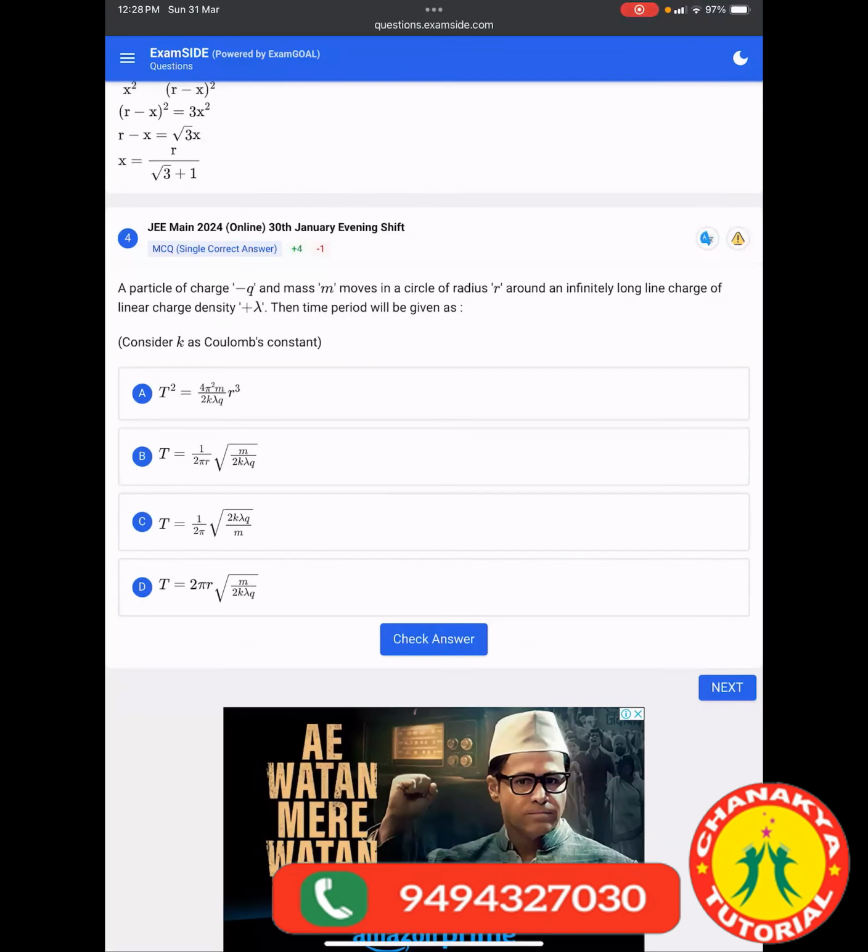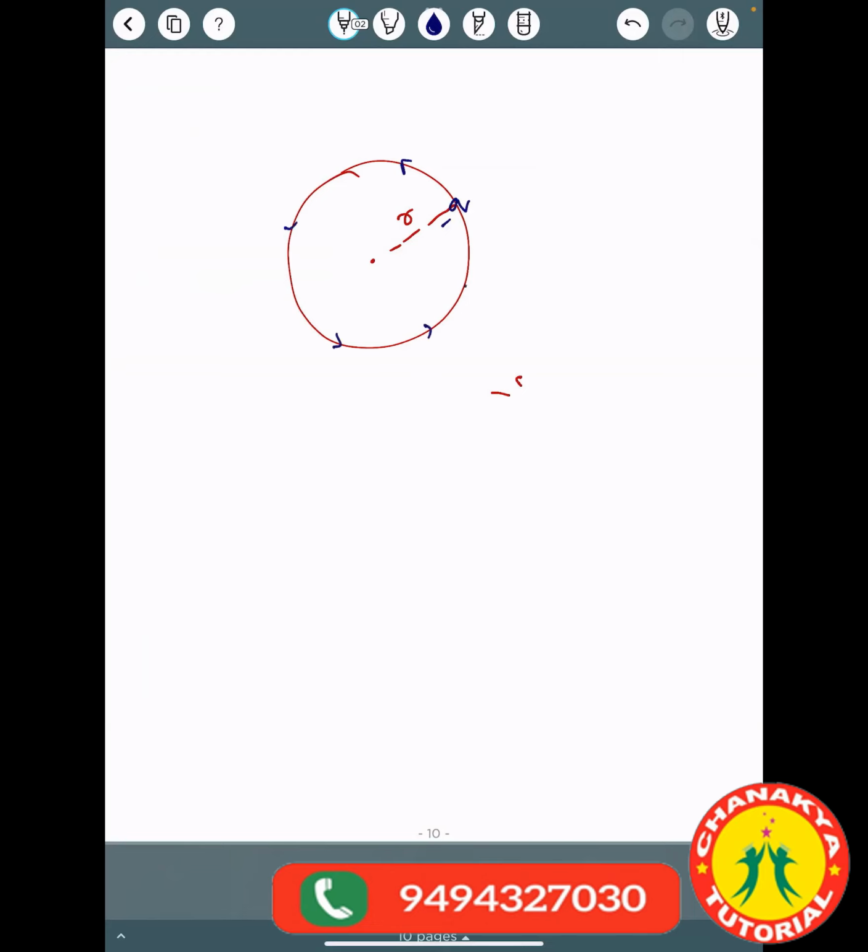So there is one circle of radius r, and there is one charge minus q which is moving around this circle like this. And there is an infinite wire, like there is one wire going inside, and it is very much infinite. So we know that due to that infinite wire, there will be an electric field at this point, and because this is a negative charge, the electric field will be pulling it like this.